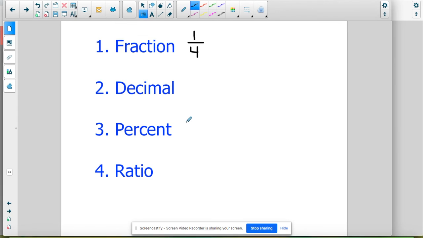This is one of the ones I said yesterday that you should just have memorized. It's 25%. So then what would the decimal be? Man, I wish I could write better with this mouse. The decimal would be 0.25. And what would the ratio be? 1 to 4.